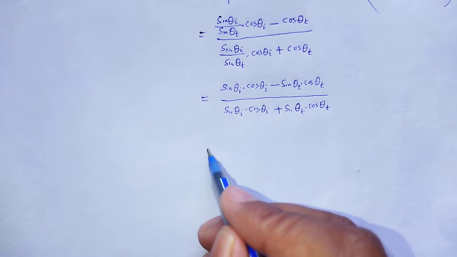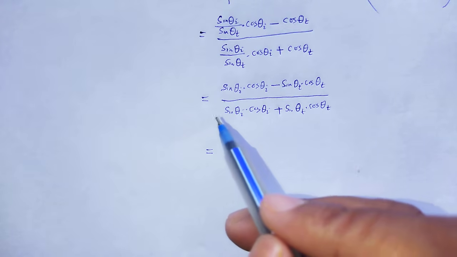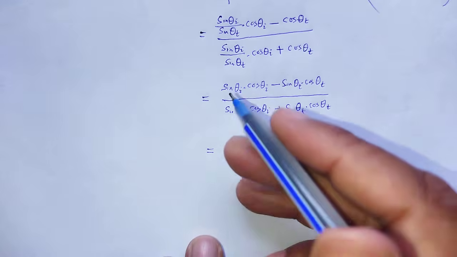For convenience, we multiply and divide by 2 in the numerator and denominator.